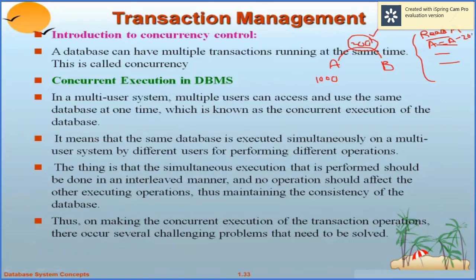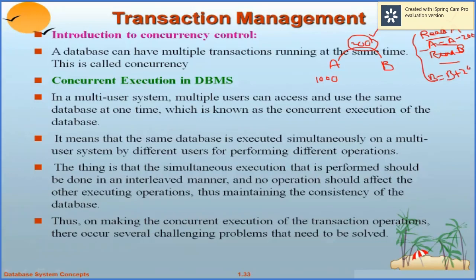So what is my next step? Once the amount is deducted, I need to read account B. Then I need to credit the amount in account B, that is B = B + 200.